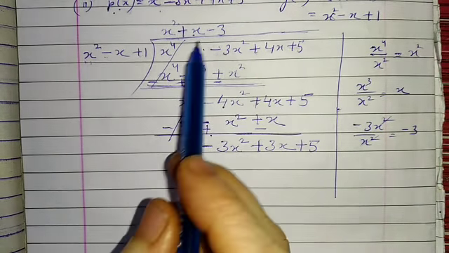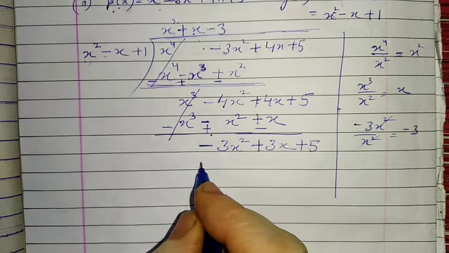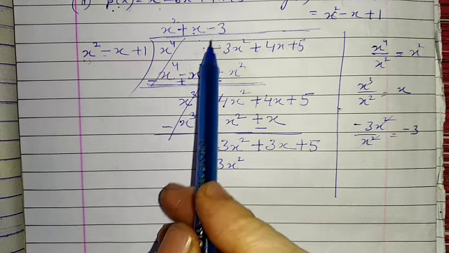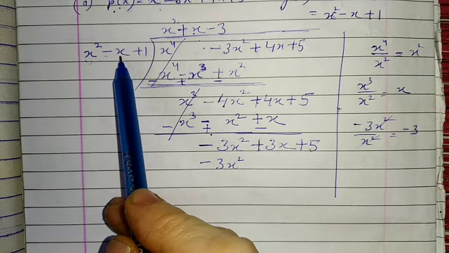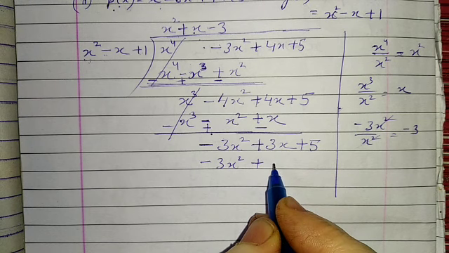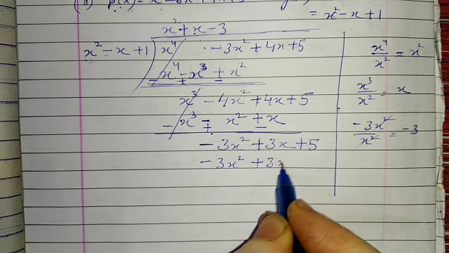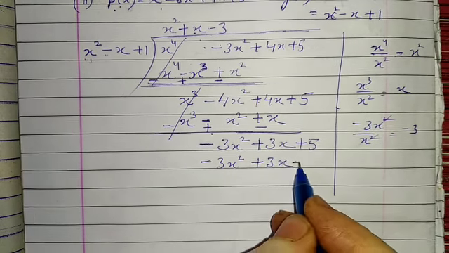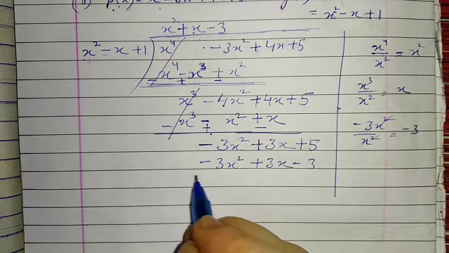Now multiply it. Minus 3 into x square is equal to minus 3x square, and x into 3 is 3x, and minus into plus is minus, 3 into 1 is 3.